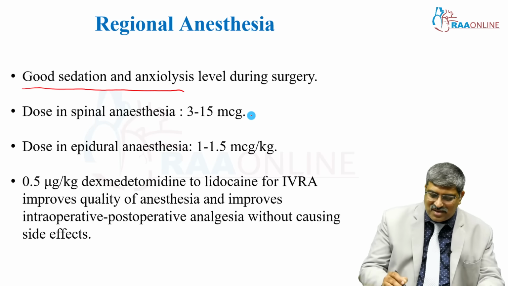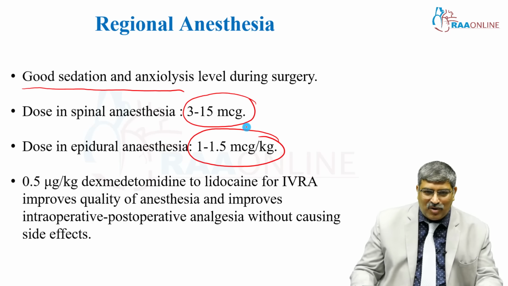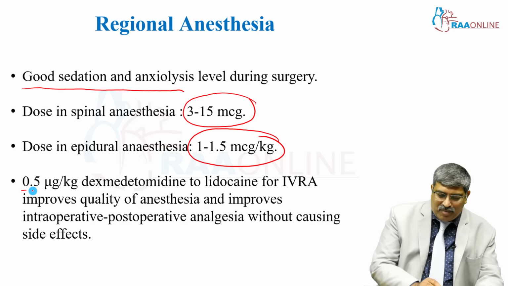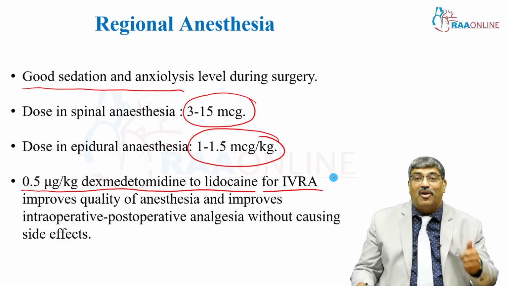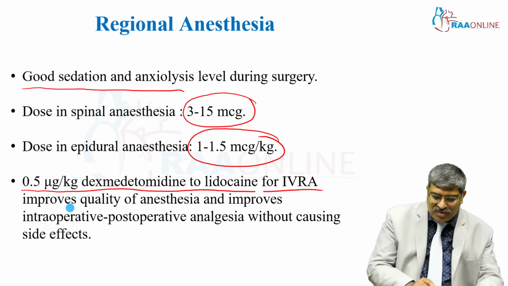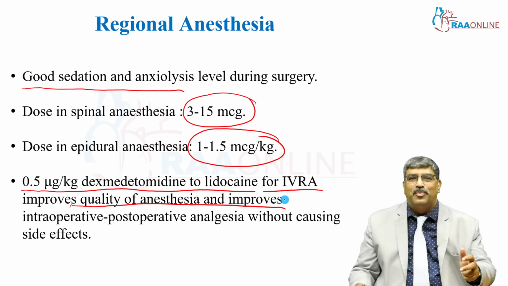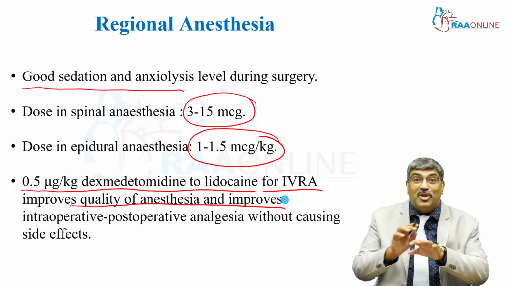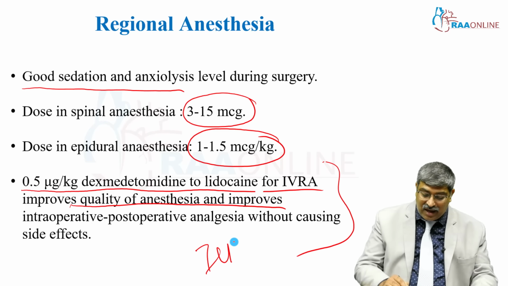Dose in spinal is around 3 to 15 microgram and epidural it is 1 to 1.5 microgram per kilogram, and 0.5 microgram per kilogram dexmedetomidine added to lidocaine for intravenous regional anesthesia improves the quality of anesthesia and also improves post-operative analgesia without causing much side effects. So, it can be used in IVRA too.